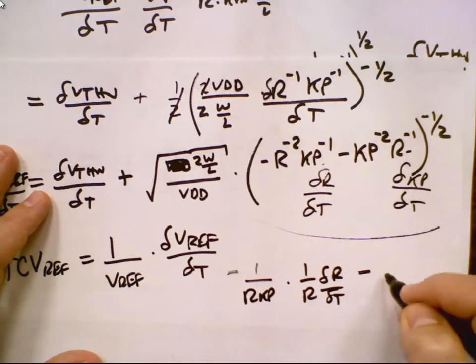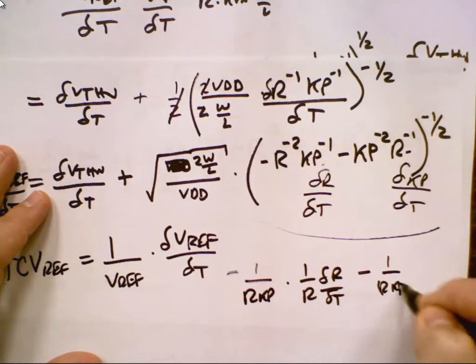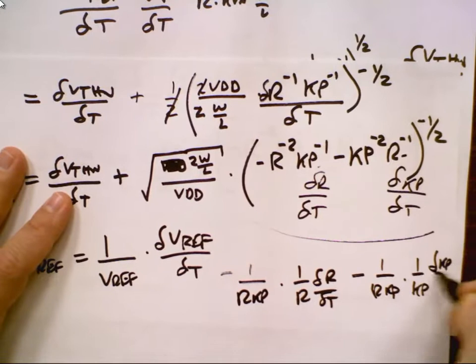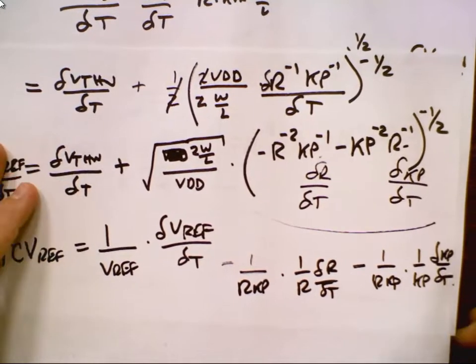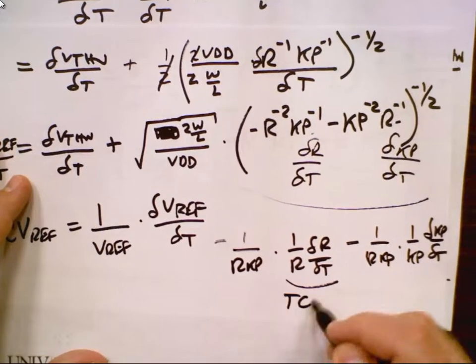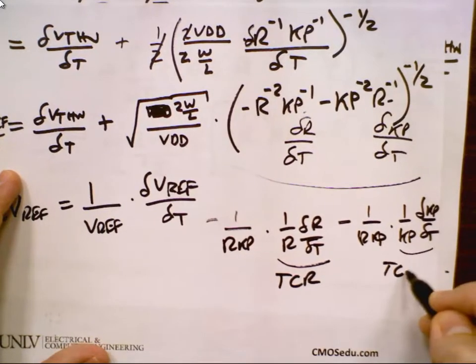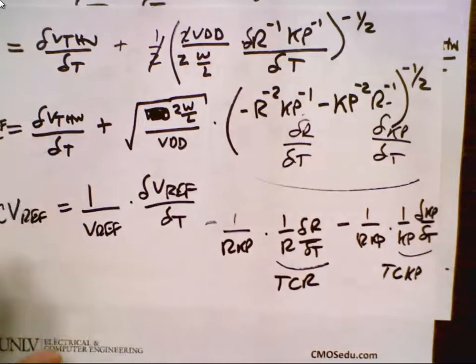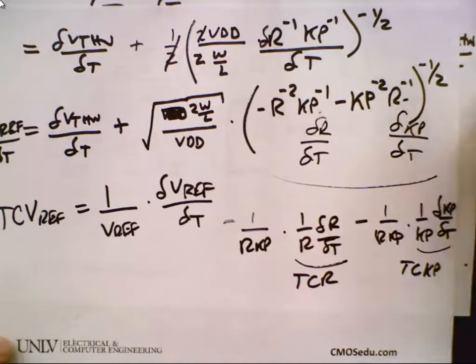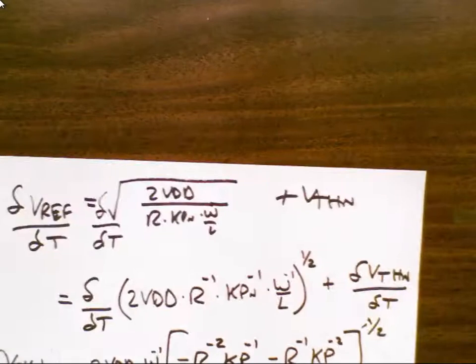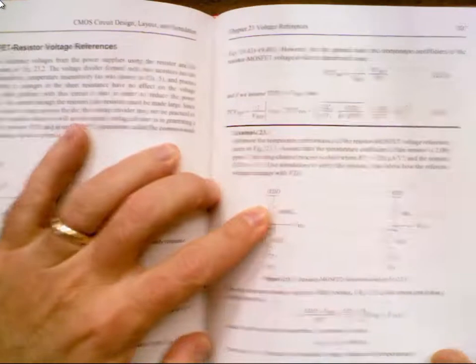And then minus 1 over R Kp times 1 over Kp del T. So this term here is the temperature coefficient of the resistor. This term here is the temperature coefficient of Kp we talked about just a moment ago. When you divide by the Vref and you put it together for the overall temperature coefficient, what you end up getting is this term right here.